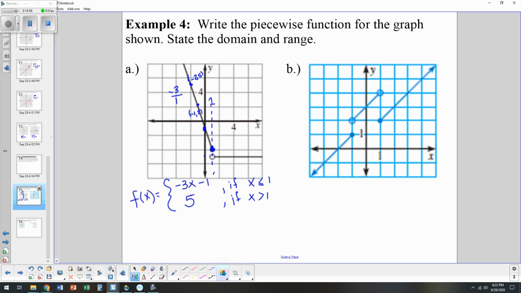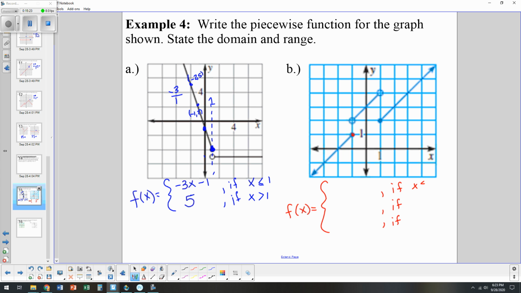For the next graph, I have 3 parts. So when I go to write my function, I'm going to have 3 parts to it. The left side, I have a solid circle, so I know I'm going to have an or equal to, and it's less than.